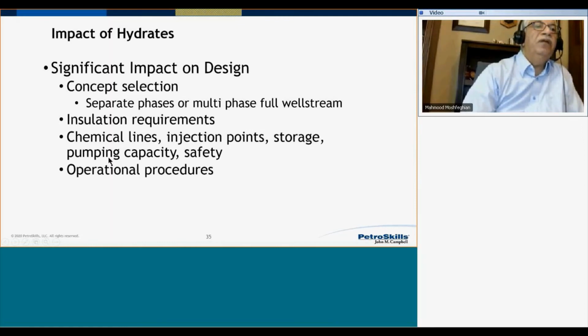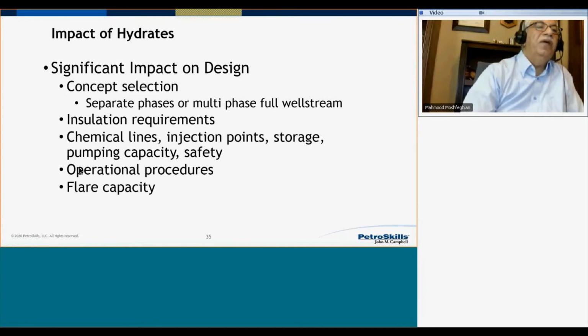Operational procedure is very important, especially during shutdown, startup, as well as when clogging takes place. We need a good, solid procedure to avoid any accident or fatal damage.